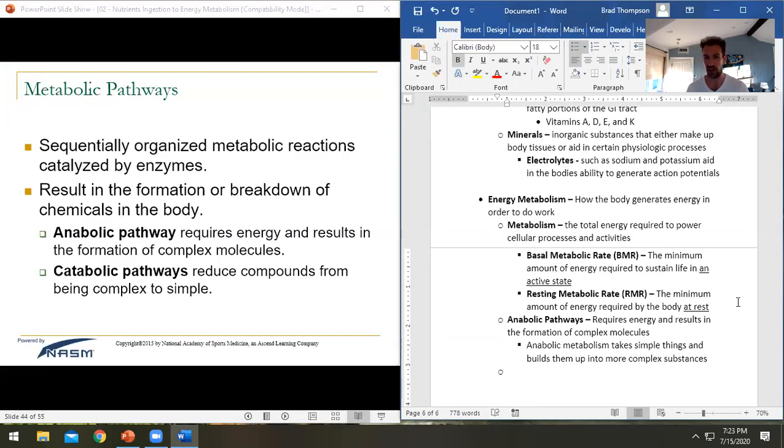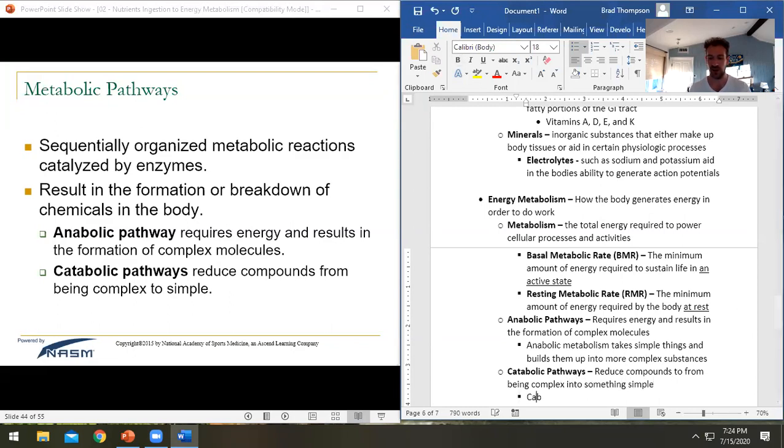Versus catabolic pathways, such as exercise, which reduce compounds from being complex into something simple, right?